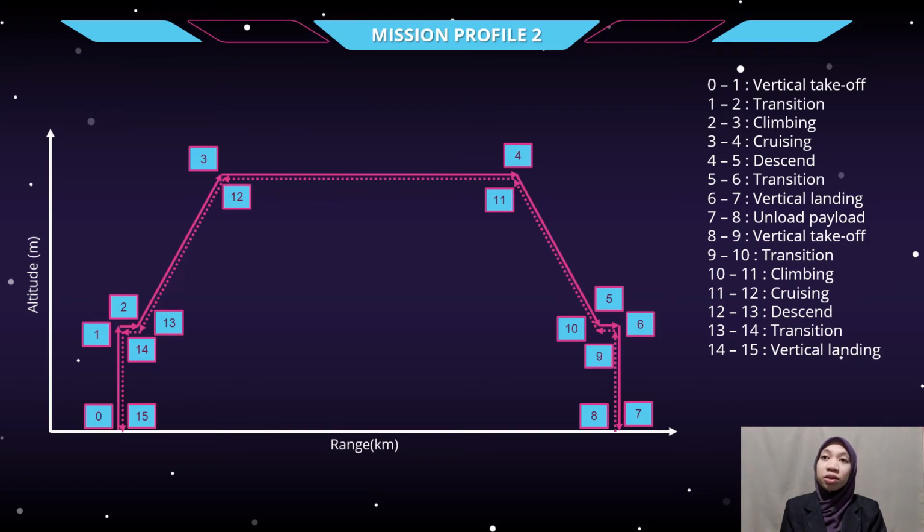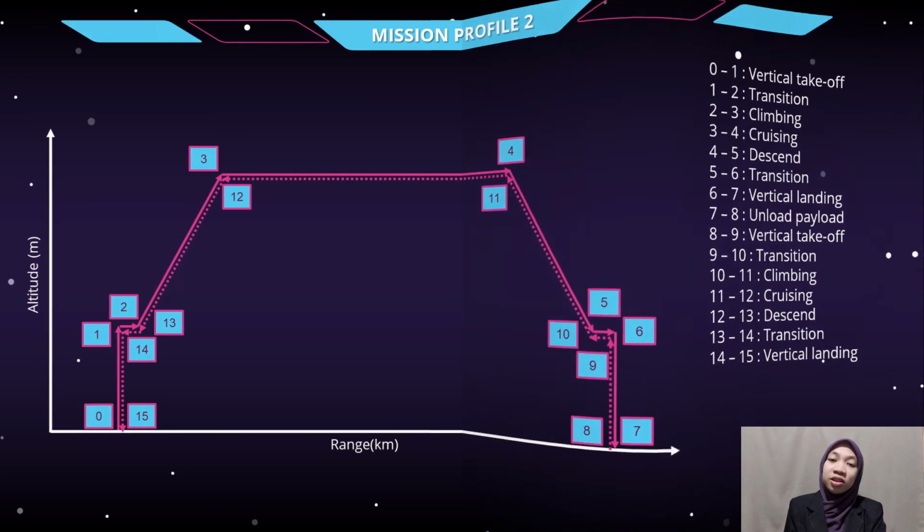As we can see from the figure, firstly, the VTOL UAV will take a vertical takeoff, and then it will climb to a specific altitude and cruise at a specific speed, and then it will descend and then transition from the horizontal flight mode to vertical flight mode, and then it will do a vertical landing, and the user will unload the payload. After that, the UAV will return to its original location.